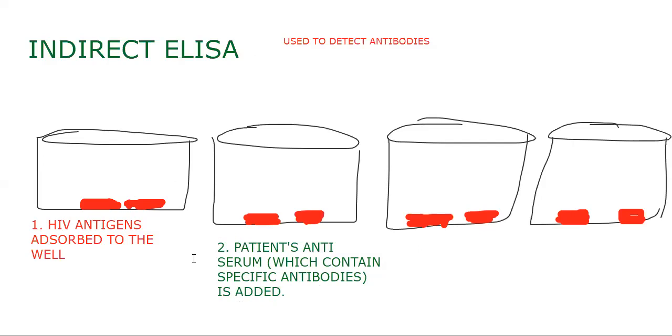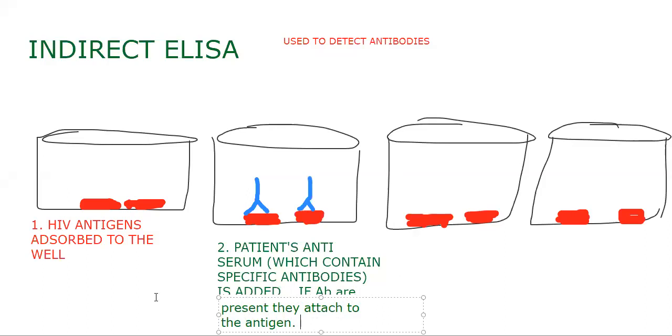So I am showing that the patient's anti-serum, which contains specific antibodies, if antibodies are present in the patient sample, they attach to the antigen of the microtiter plate.